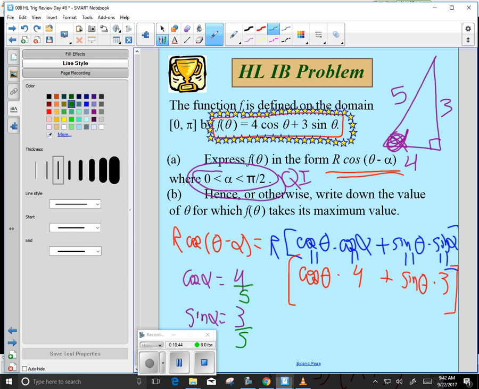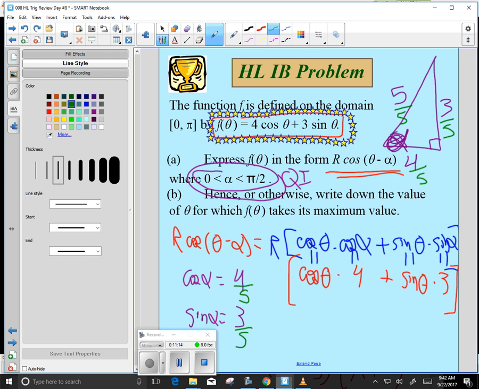Does that help? Okay, let's make it make more sense. Take each of these, make the radius 1, divide by 5, and now you can see instantly that the cosine of alpha is 4/5 and the sine of alpha is 3/5. But wait, I only have a 4.